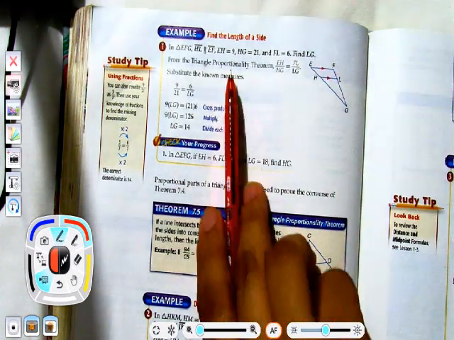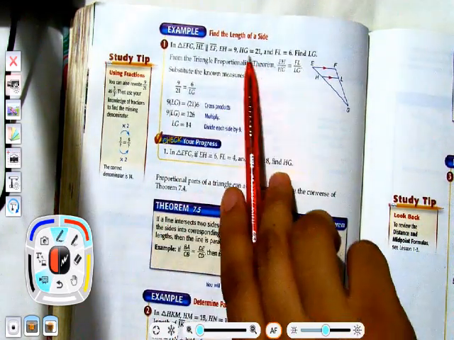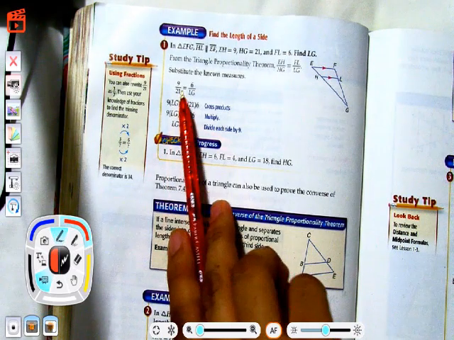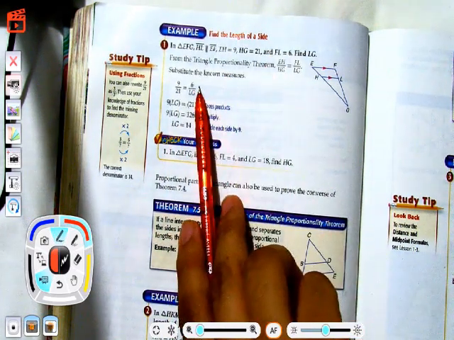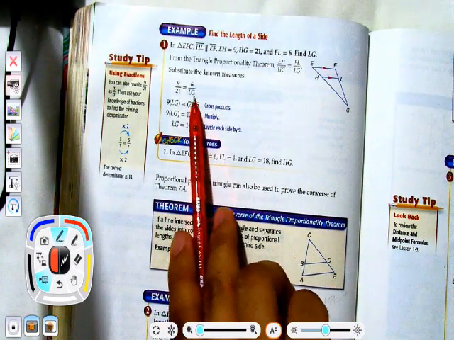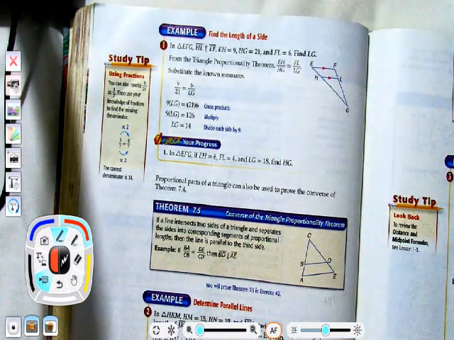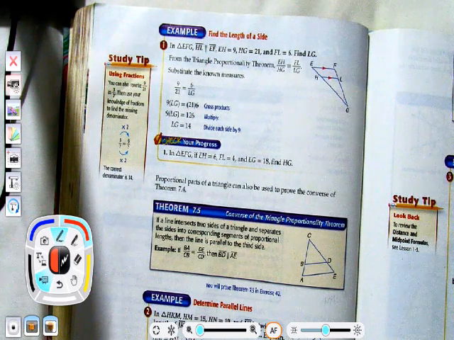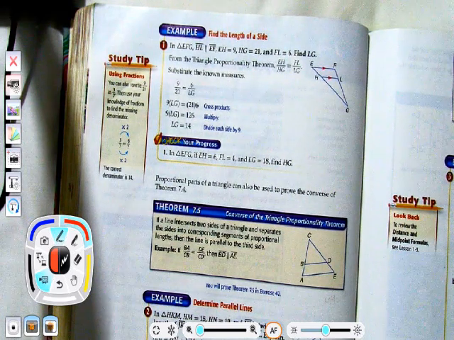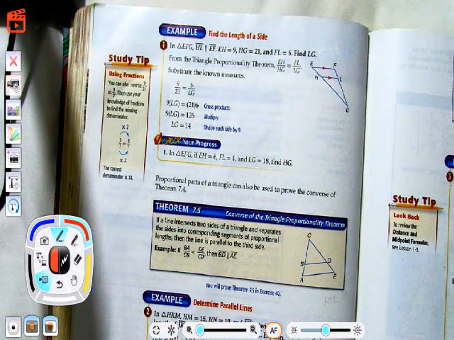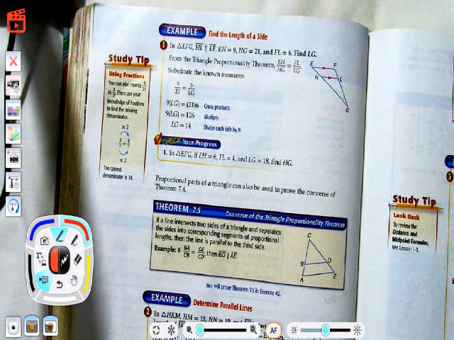HG is 21. FL is 6. LG is unknown. So we replace and then cross product. 9LG equals 21 times 6. 9LG equals 126. Divide both sides by 9. LG is equal to 14.